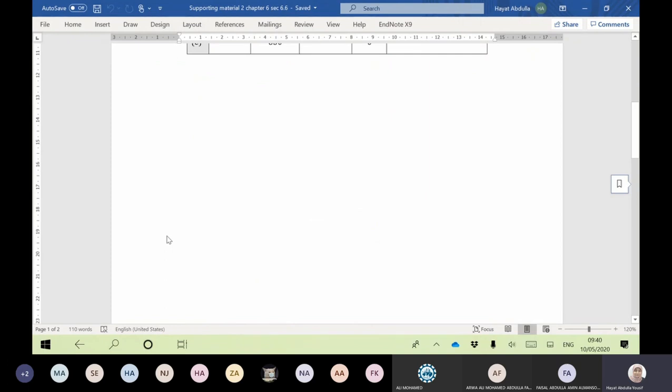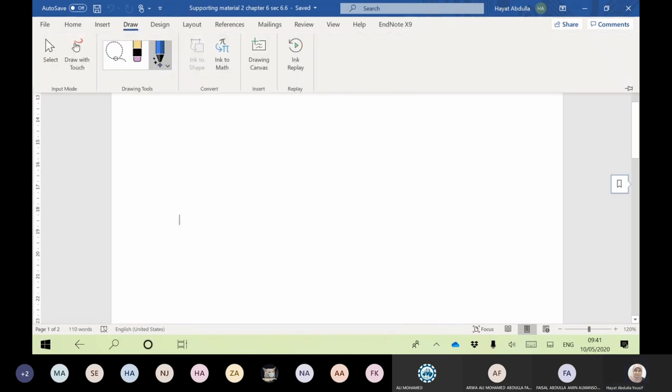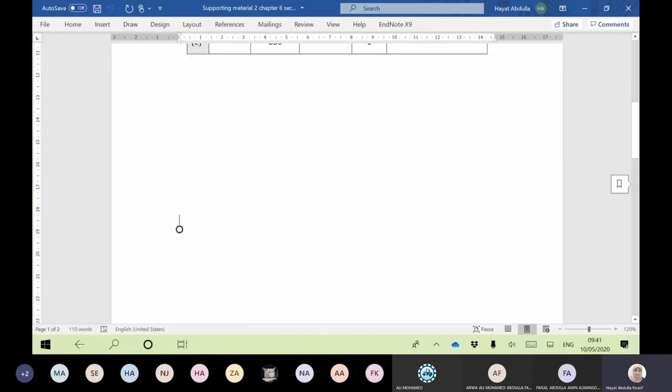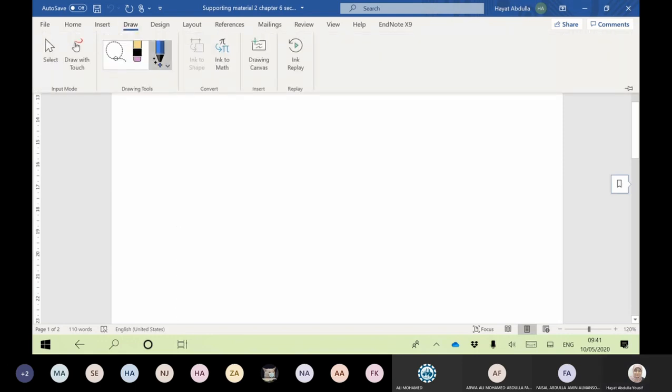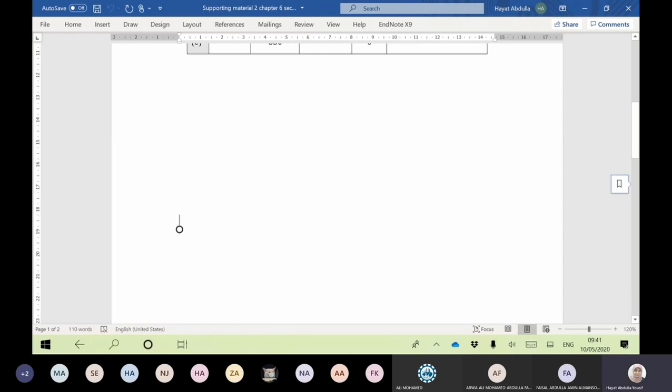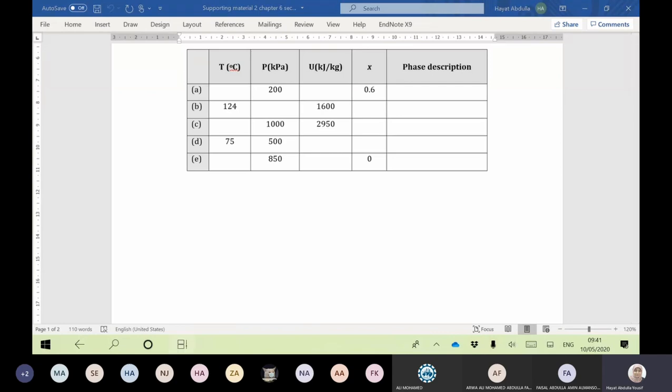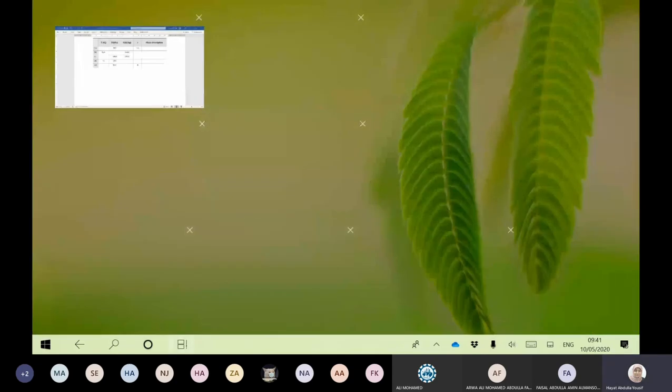The phases we have generally... I don't know what's going on here. Oh no. Okay, I can do another thing. Let's go here.